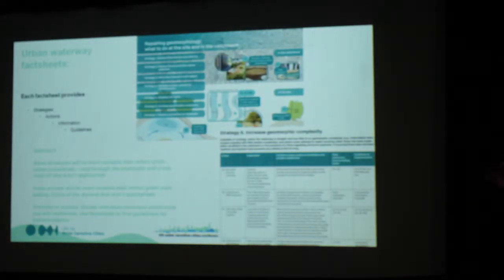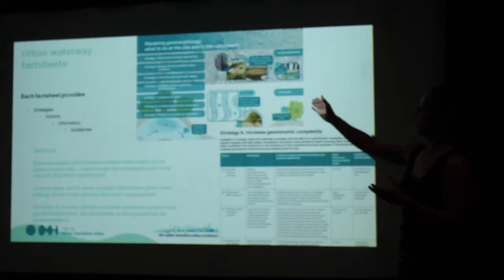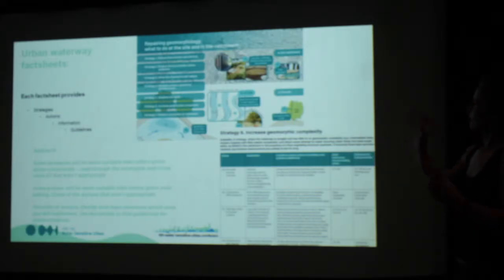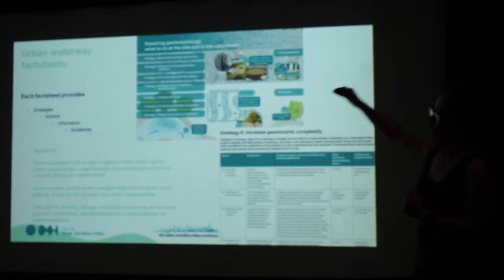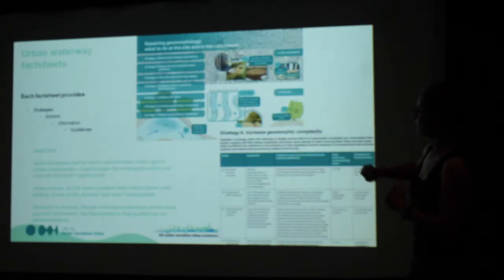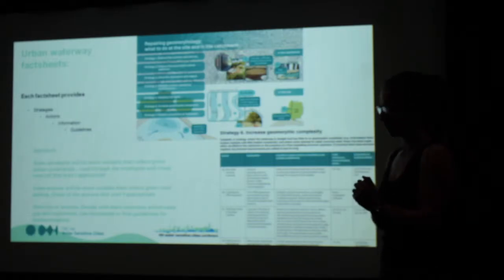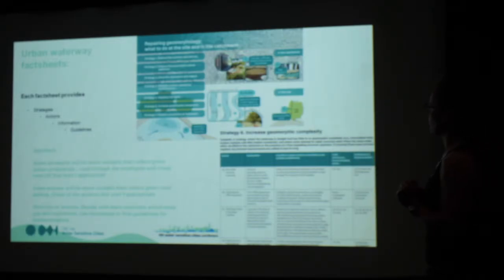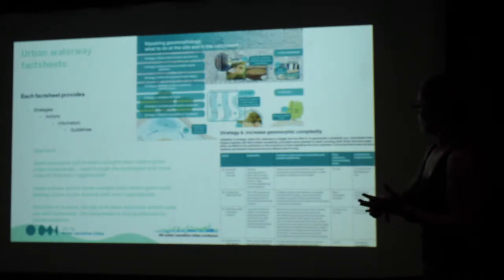In terms of what each fact sheet actually tells us, this is just geomorphology as an example, and for geomorphology the site and the catchment are encompassed inside one fact sheet. But you can work through these fact sheets in a hierarchical order if you like. So firstly it says, okay, I want to fix geomorphology, or the way the channel behaves. There are all these different strategies, there's 7 strategies.